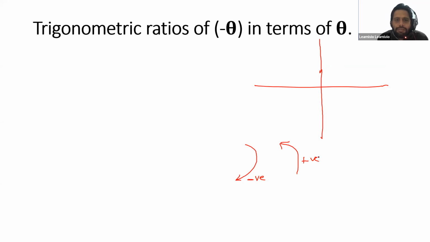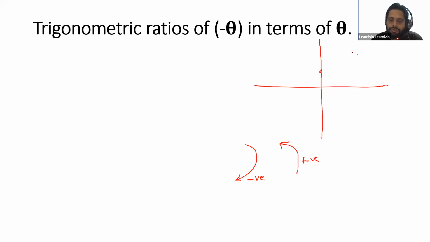So we will use these results over here. And in the next slide, we have a complete statement for this one, negative and positive. So this is a clockwise direction, we will take the angle as negative. Anti-clockwise, we will take the angle as positive. In the next slide, you can note down the complete statement regarding these two.